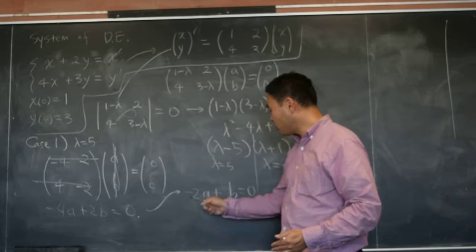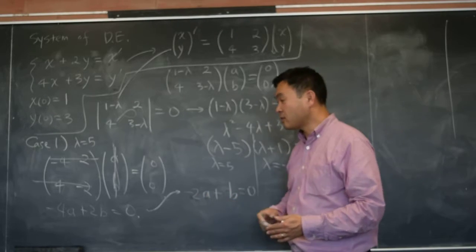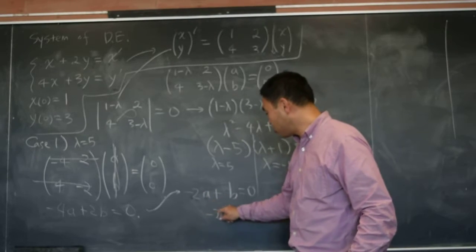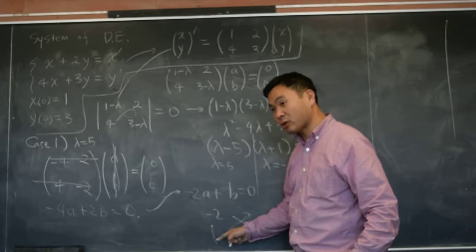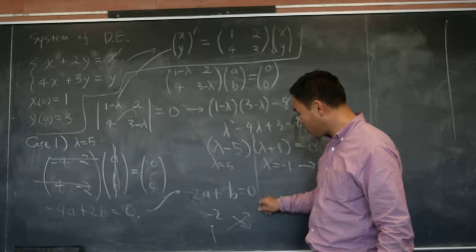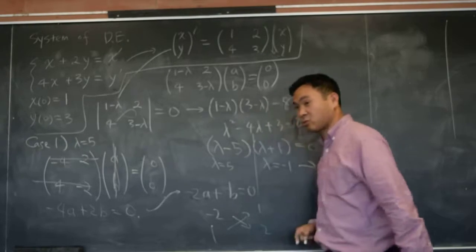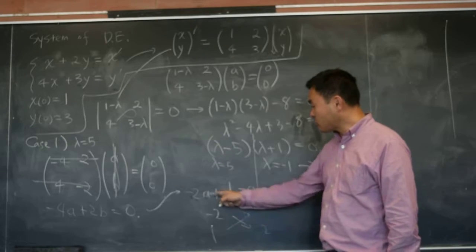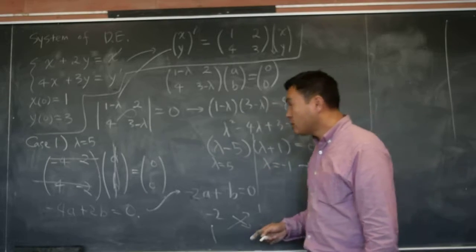So the coefficients are negative 2 and 1, right? You switch them around, so you have 1 and negative 2, and you switch the sign of one of them. I choose to switch this sign. And 1, 2, you can verify that it's a solution to this, right?